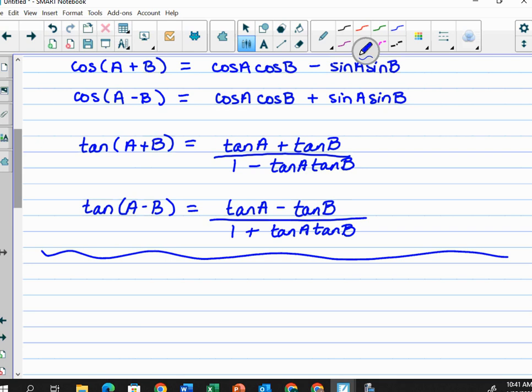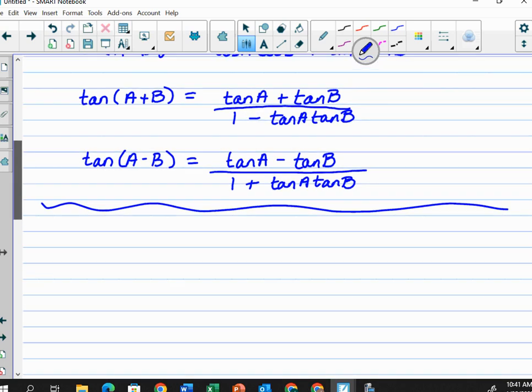All right, guys. So let's try what we actually do with them. You will be evaluating. We'll do number 1 together. Let's do cosine of 15 degrees.